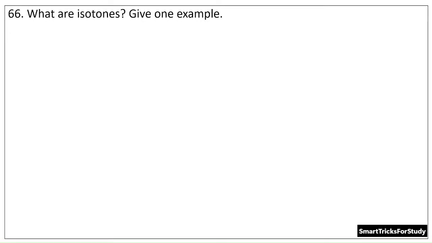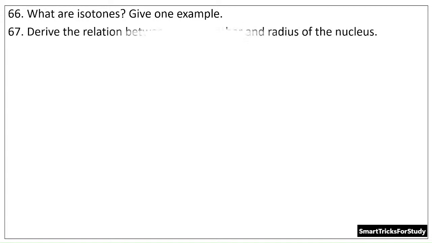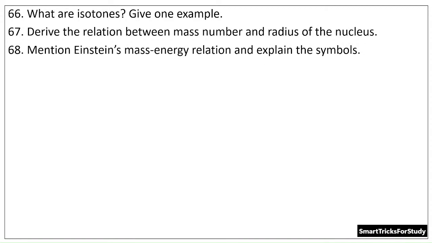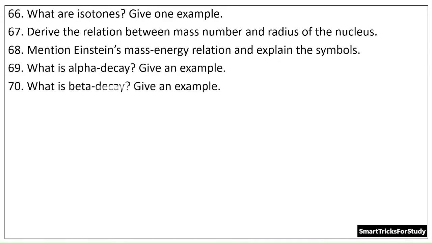Give one example. 67. Derive the relation between mass number and radius of the nucleus. 68. Mention Einstein's mass-energy relation and explain the symbols. 69. What is alpha decay? Give an example. 70. What is beta decay? Give an example.